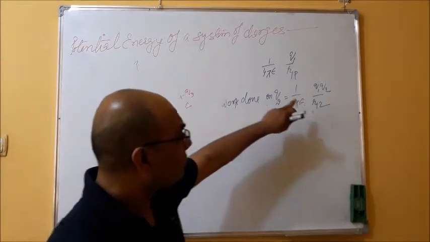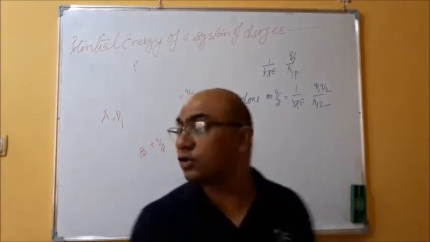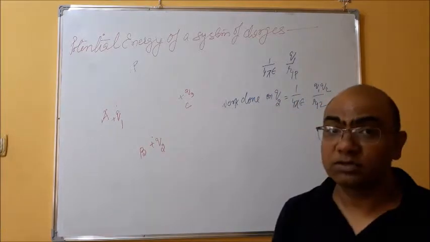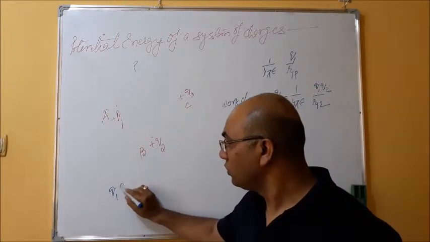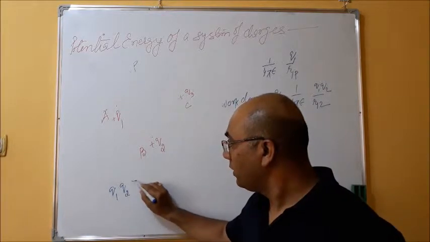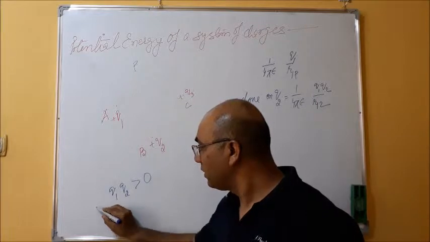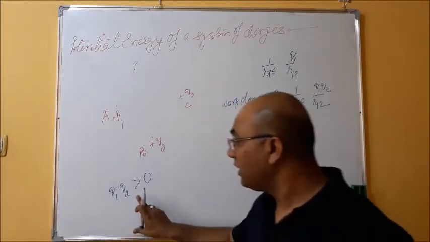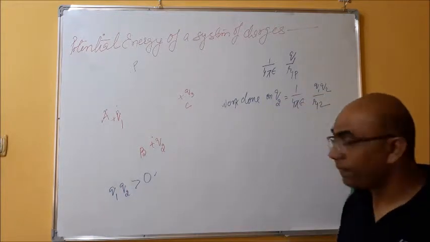So this will be the value of work done on this charged particle. You see, here we are assuming that Q1, Q2 and Q3 are all positive. So if Q1 and Q2 are both positive or both negative, in both cases we will always get this value greater than 0.